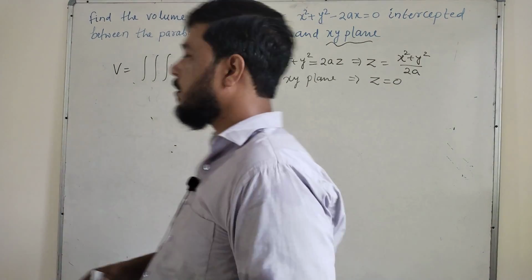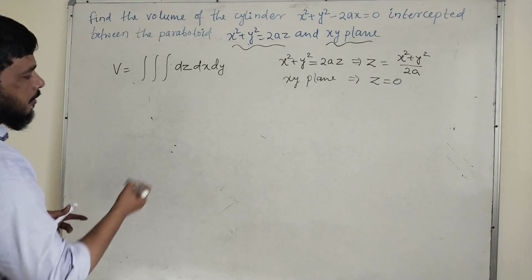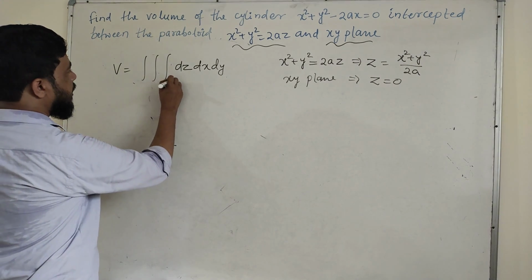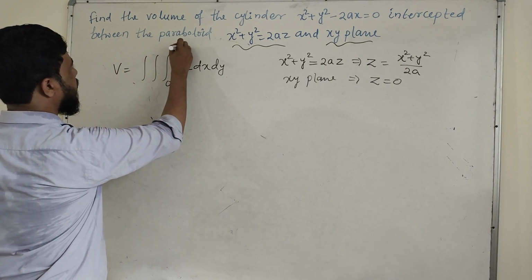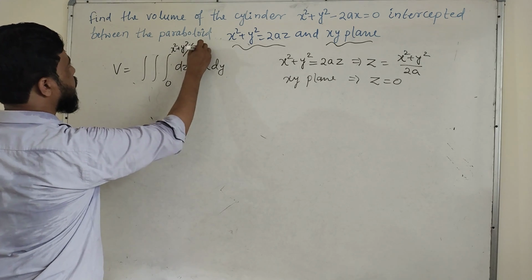So from here it is clear that the lower limit of z is equal to 0 and the upper limit is x square plus y square divided by 2a.